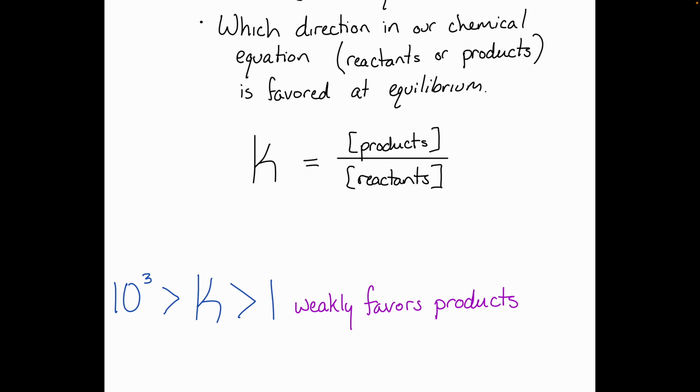Whereas if K is a super huge number, something greater than that 10 to the 3 cutoff, we would say that this is a reaction that strongly favors our products.